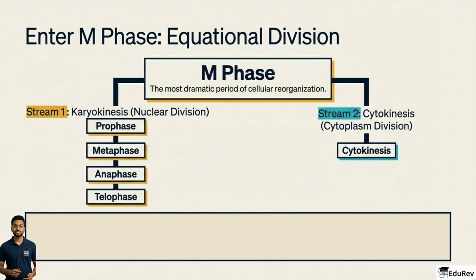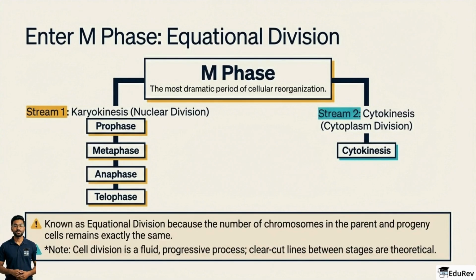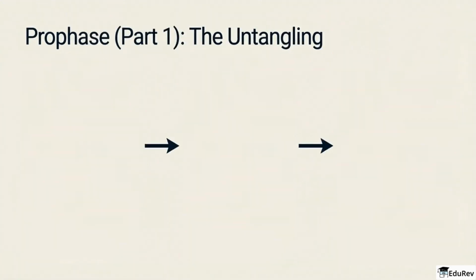It is called equational division because the chromosome number in the parent and progeny cells remains exactly the same. The slide also reminds you that cell division is a fluid process, so the boundaries between stages are theoretical rather than perfectly sharp. Prophase begins the unraveling and reorganization.